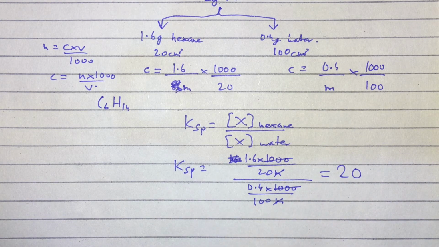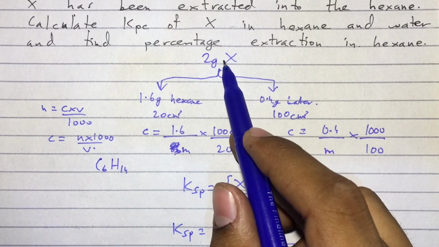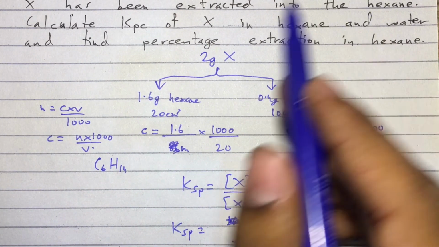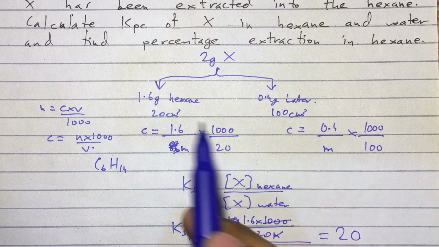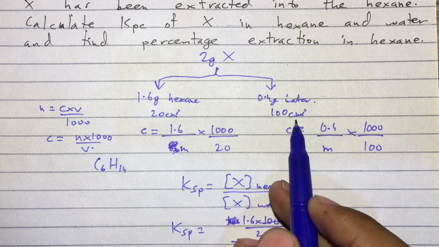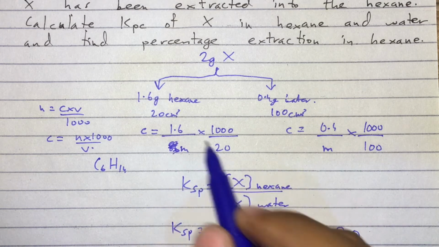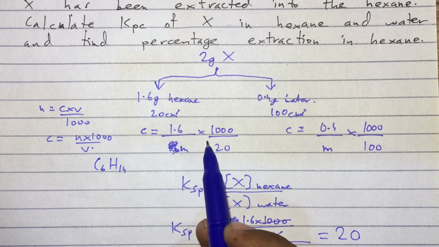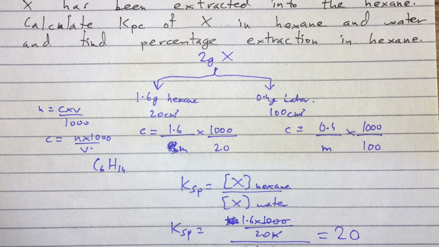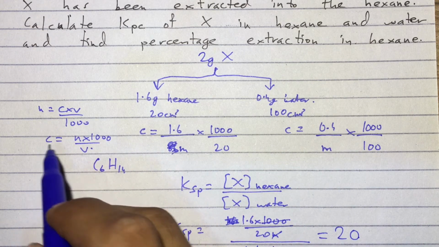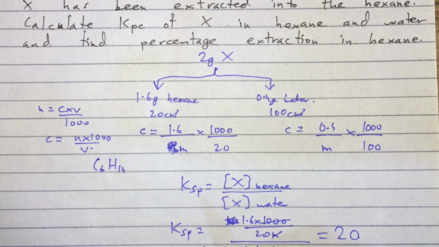I'll repeat this once again. So there was 2 gram of X, 1.6 gram was extracted into hexane, so the rest of it was in water. This is the volume of hexane, volume of water. Now we have to find the concentration of X in hexane and the concentration of X in water. The formula for concentration is moles into 1000 upon volume.